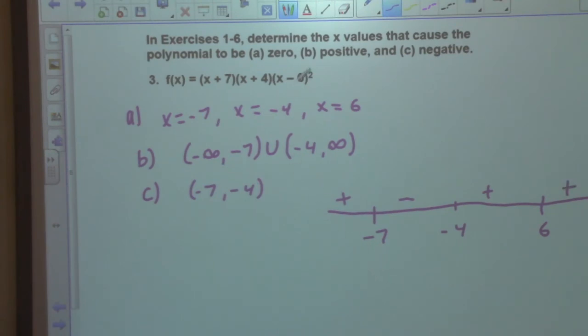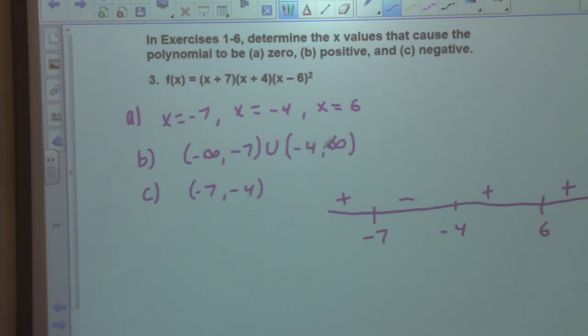But what's happened is that the thing is exactly 0 here. That means you have to split this part up a little too, right?